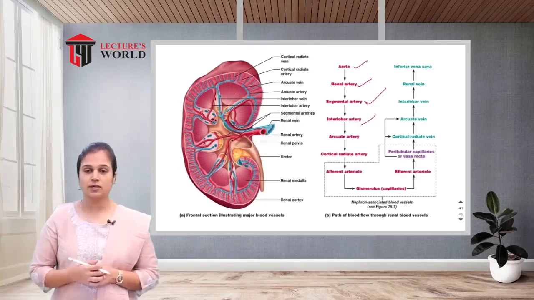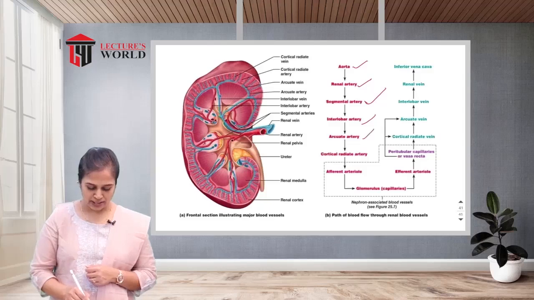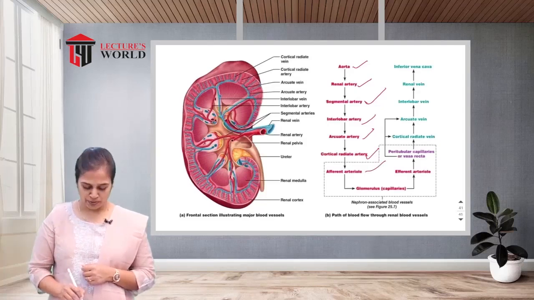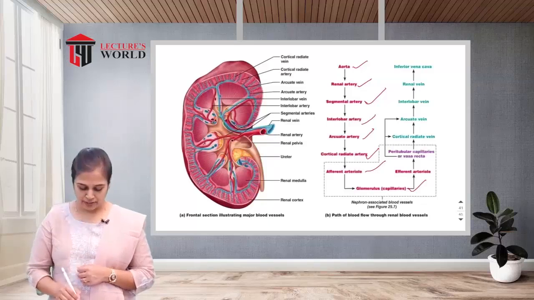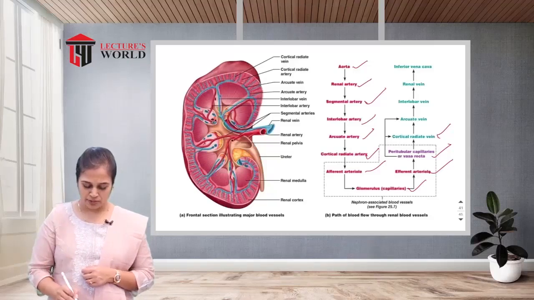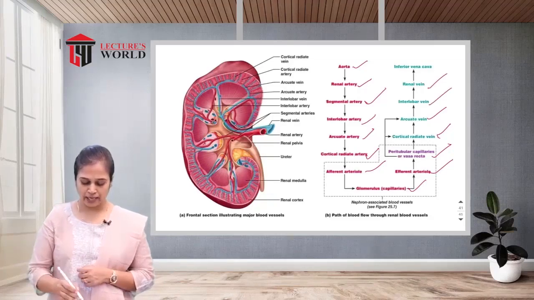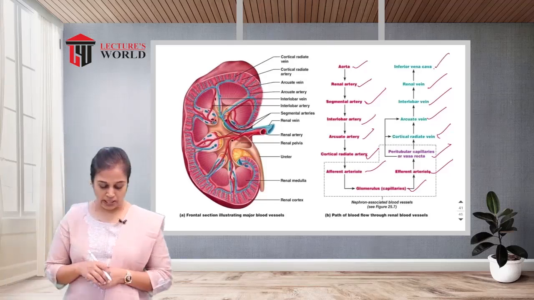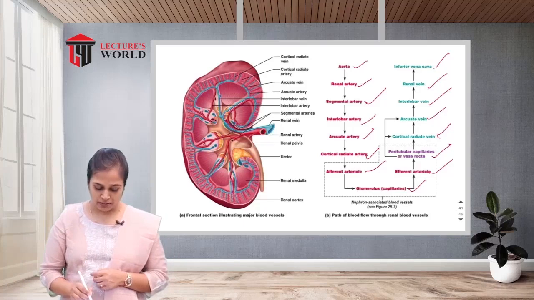Then from the interlobar artery, to the arcuate artery, cortical radiate artery, afferent arterioles, glomerular capillaries, efferent arterioles, and vasa recta. It then goes to the cortical radiate vein, arcuate vein, interlobar vein, renal vein, and into the inferior vena cava.